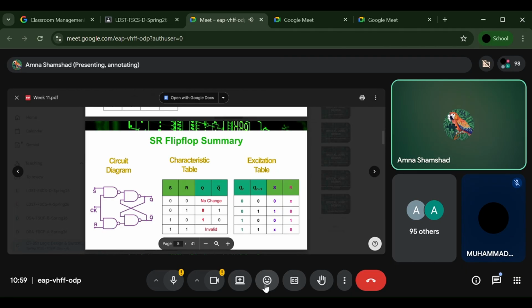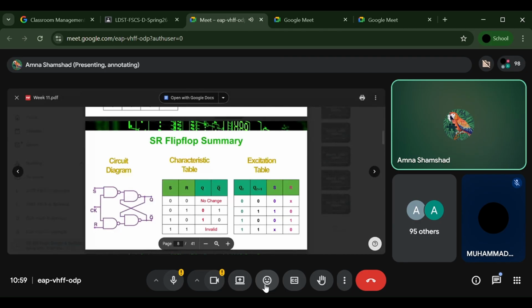And for the last one, that is 1 1, the previous is 1 and the next is 1. When this happens, either I want to set my output, or it has no change.